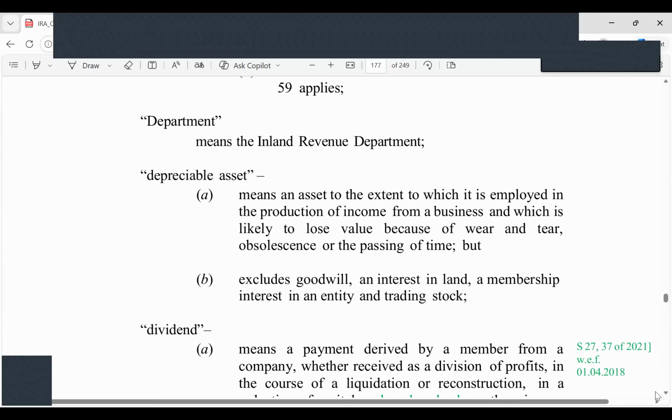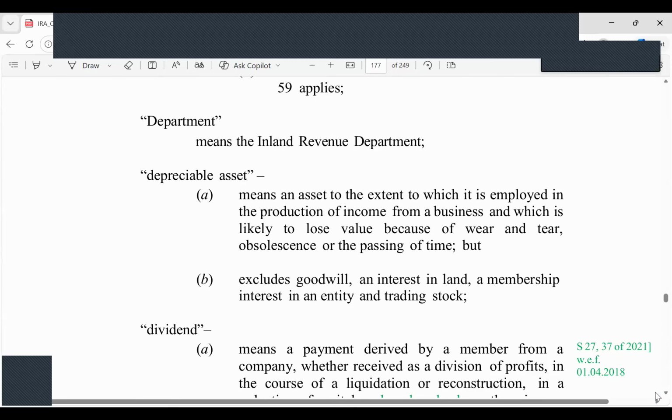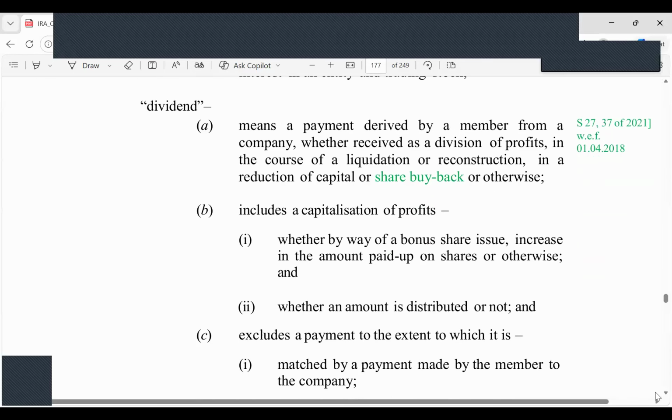Here you can see the definition for dividends. It is not just a dividend, but it includes a lot of things. So share buyback is also a type of dividend.